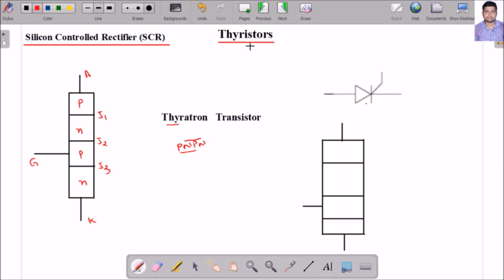So the name thyristor is derived from thyratron tube and transistor.